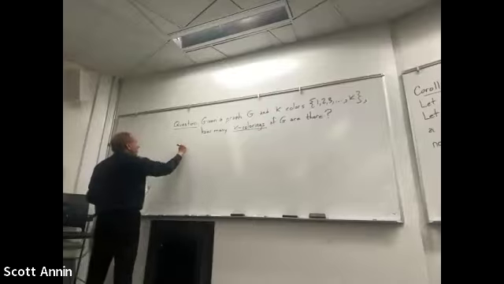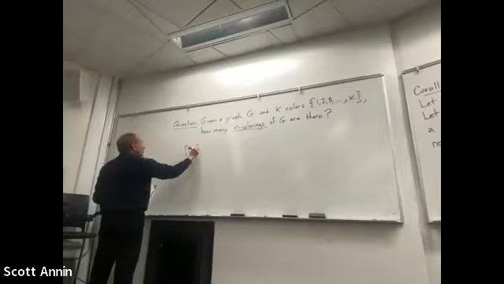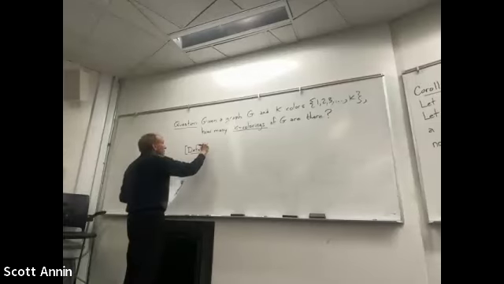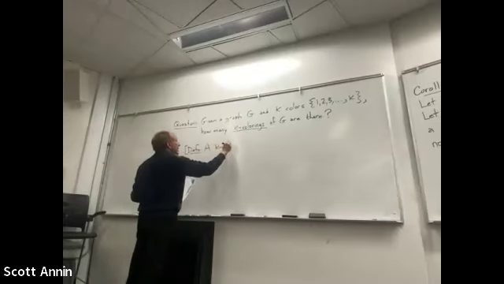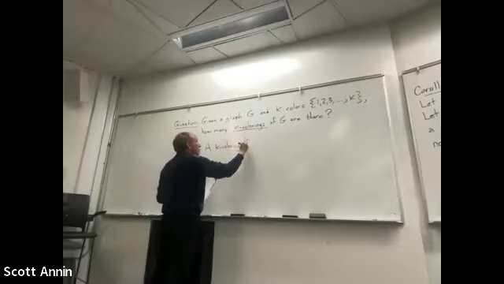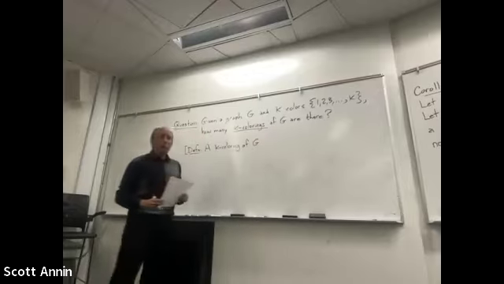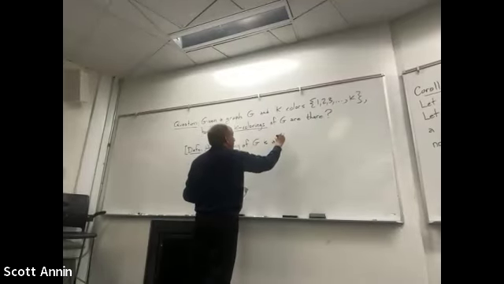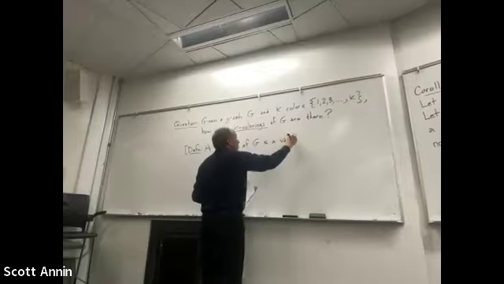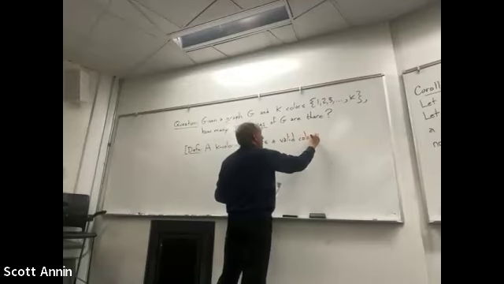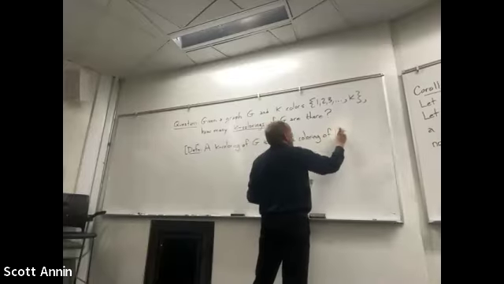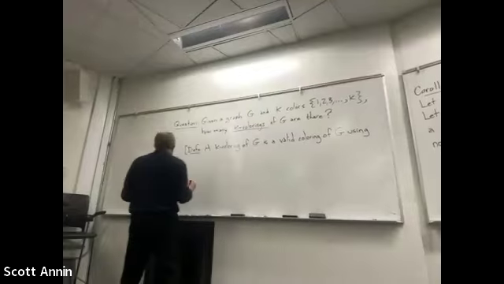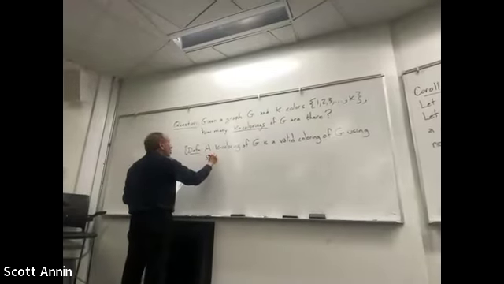I probably should have defined this first, so let me put the definition right below the question. A K coloring of G is a valid coloring of G using some or all of the K colors.